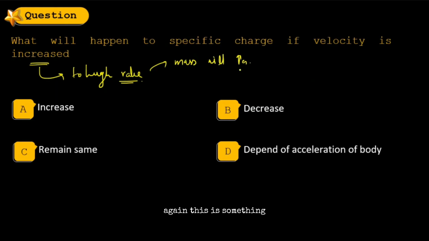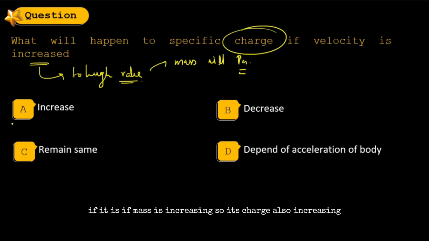Again, this is something given by Albert Einstein while he was talking about the theory of relativity, and that is where time dilation and all the other factors came. But we don't have to go into that. We just have to stick to the mass and charge. So ultimately, we can say if its mass is increasing, its charge is also increasing. That is what you need to keep in your mind. In a very rare case, such a question can be asked.